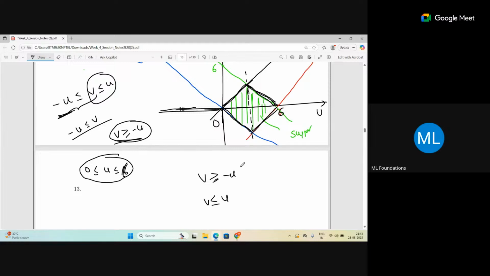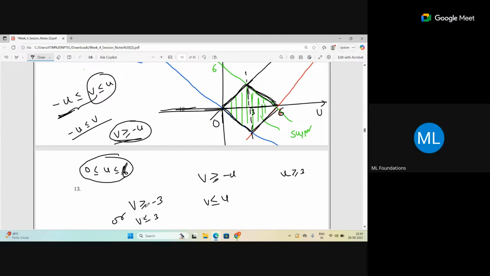Fine. So in this, if you think about it, if u is greater than 3, what will happen? So v will be either greater than or equal to minus 3, or either less than or equal to 3. Is that okay? Yes. I'm just talking about this portion only, which is between 3 and 6. So v is greater than or equal to minus 3, and v is less than or equal to 3.